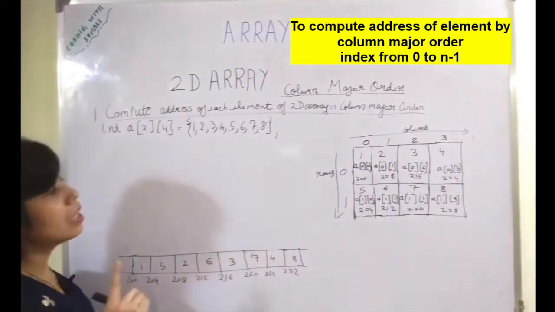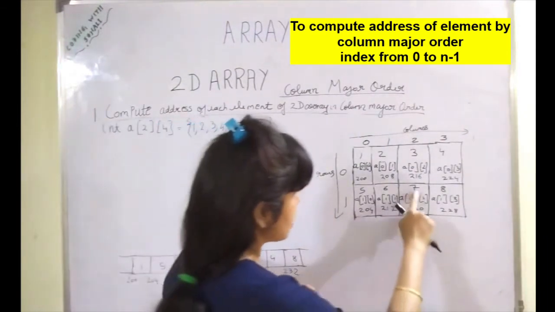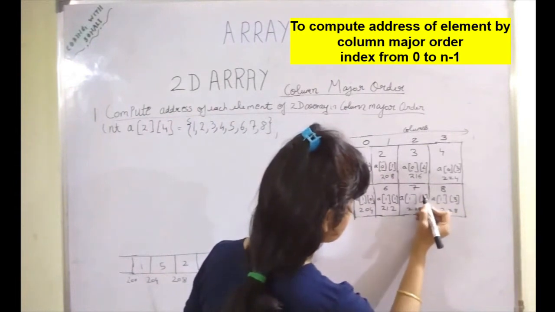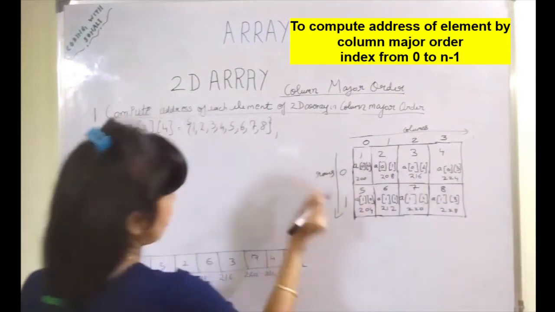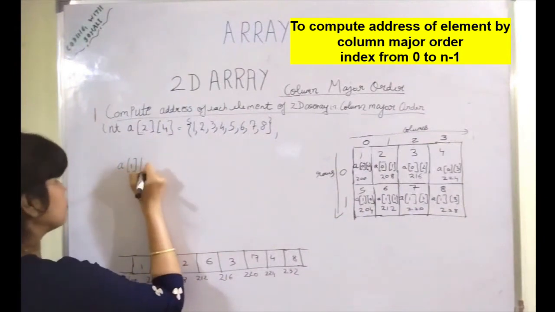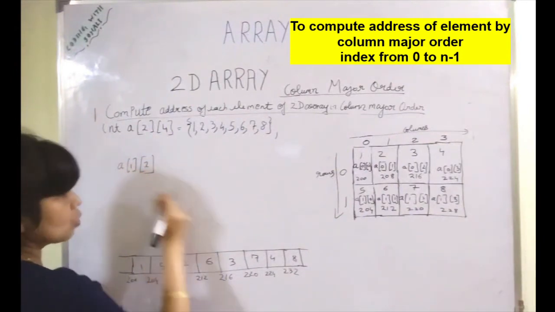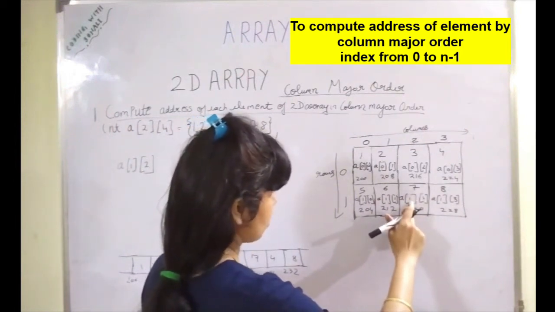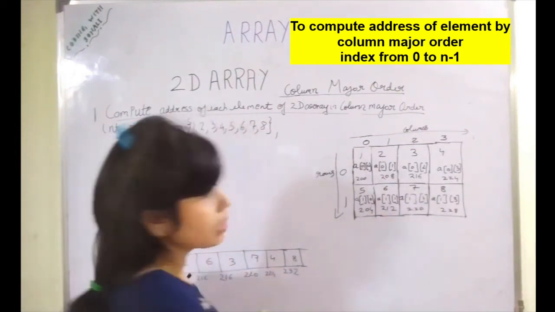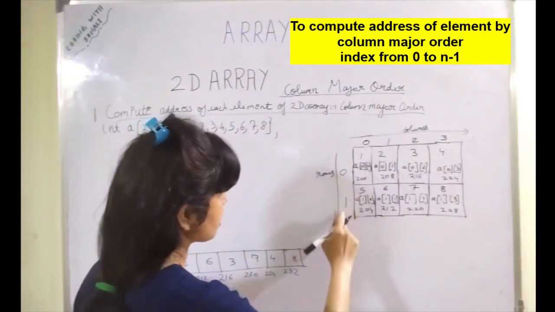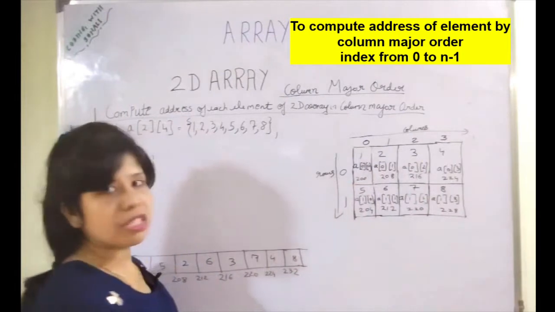Now coming to the point, if you have to calculate the address of this element, that is, what subscript it is here, if you are asked to calculate the address of this one. So this particular element 7 is located at index 1 and 2, and you have to calculate the address of this element using the column major order when your indexing starts from 0 to n minus 1.